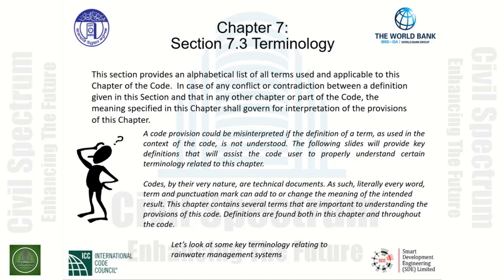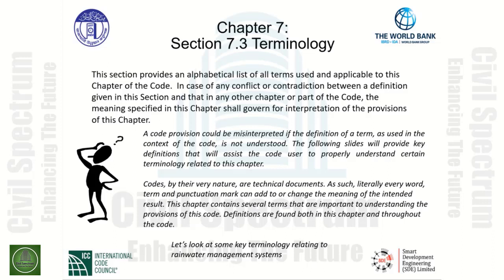The following slides will provide key definitions that will assist the code user to properly understand certain terminology related to this chapter. Codes, by their very nature, are technical documents. As such, literally every word, term, and punctuation mark can add to or change the meaning of the intended result.